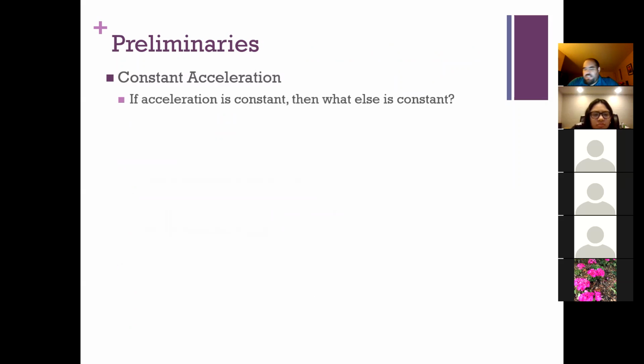So thinking back to Newton's second law here. Can you hear us? If the acceleration of an object is constant, then what other quantity has to be constant? Think to Newton's second law of motion.